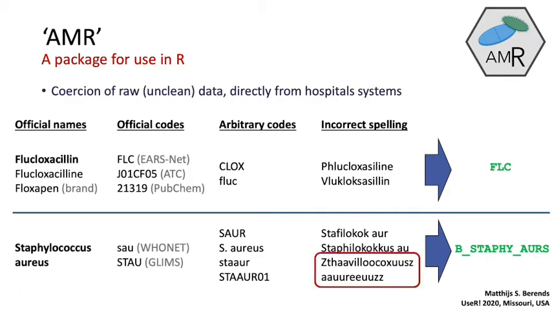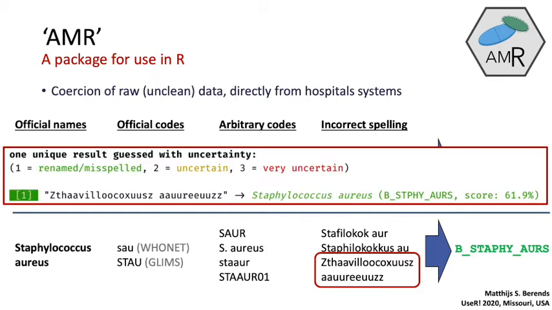And this package is able to understand even the most severely misspelled items you can think of. So we only put this in as a proof of principle. Right? It wouldn't even say it's uncertain or very uncertain, but if you put this in our package and would want to know the valid taxonomic name, it would understand, because every Z could also be an S or a C, and every TH could be only a T, and 2H could also be 1A, and that's how we correct for a lot of spelling mistakes.